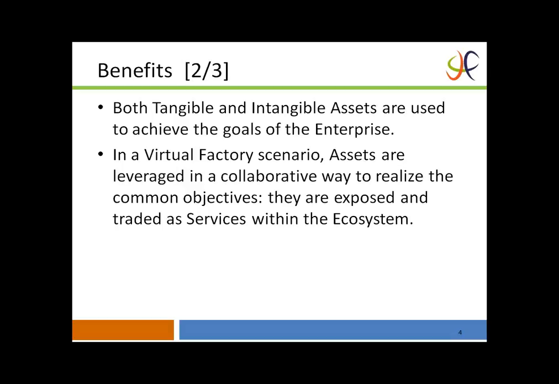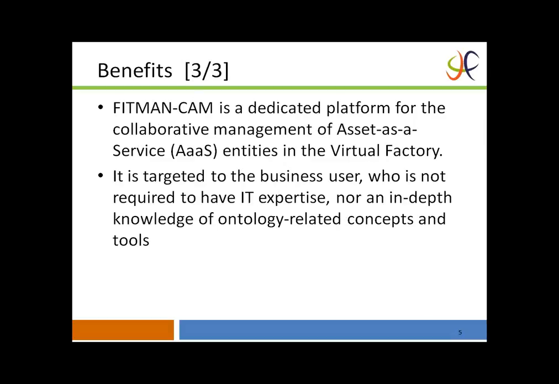So it is something that the different partners of the virtual factory are providing as a service. So they are exposing these assets, probably also trading them, meaning that these are commercial services within the ecosystem. And FITMAN CAM is a platform for the collaborative management of assets as a service.